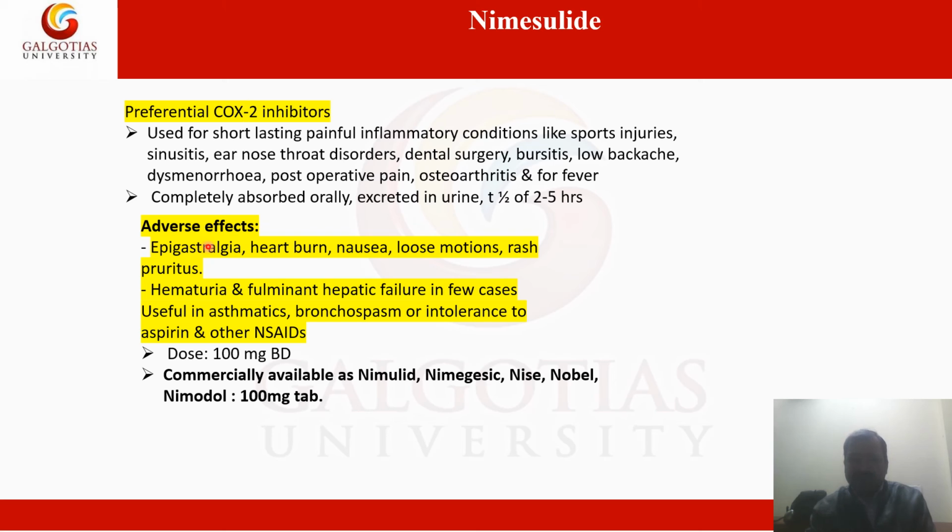Adverse effects are epigastric pain, heartburn, nausea, loose motions, rash, pruritus, hematuria, and fulminant hepatic failure in few cases. It is useful in asthmatics with bronchospasm and intolerance to aspirin and other acids. Doses are available as 100 milligram tablets, commercially available in the market as Nimulid, Nimogesic, Nice, Novel, and Nimodol.